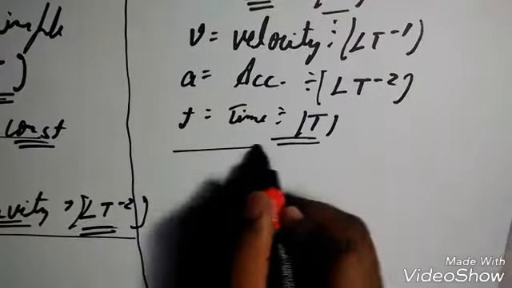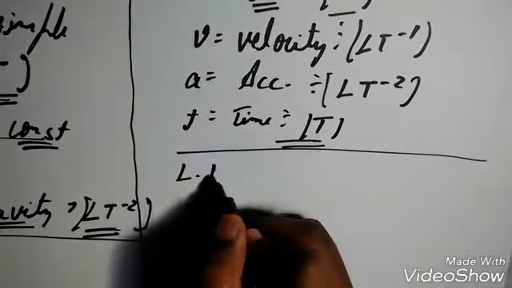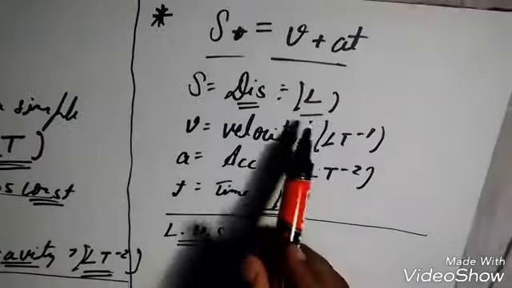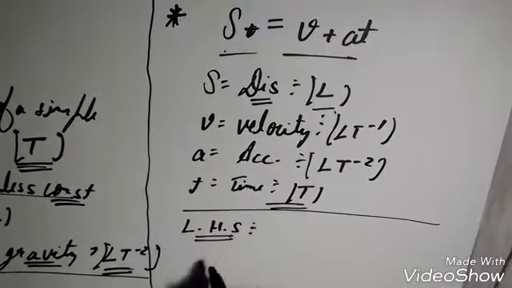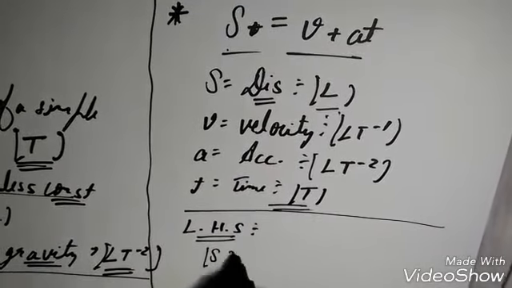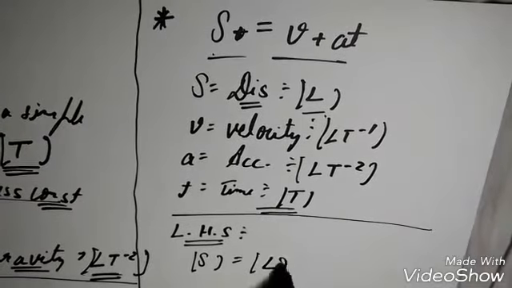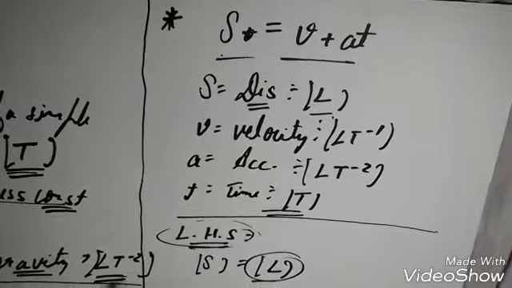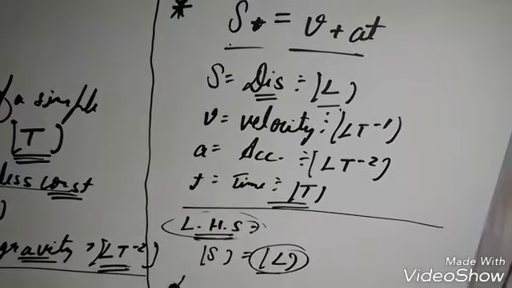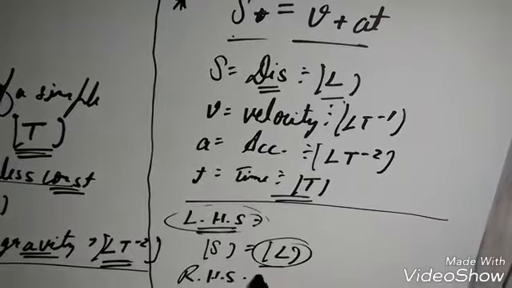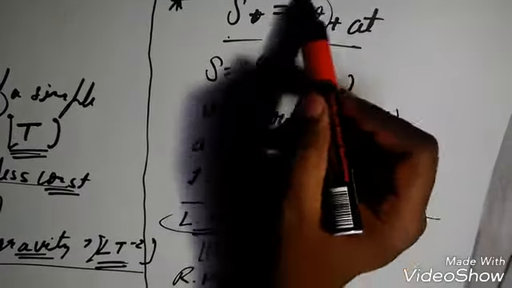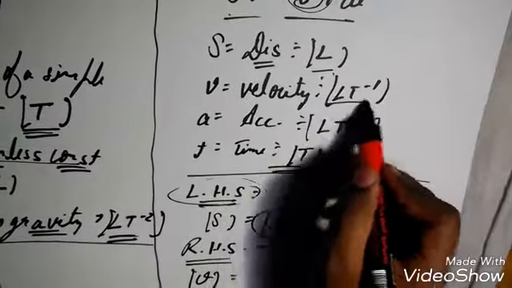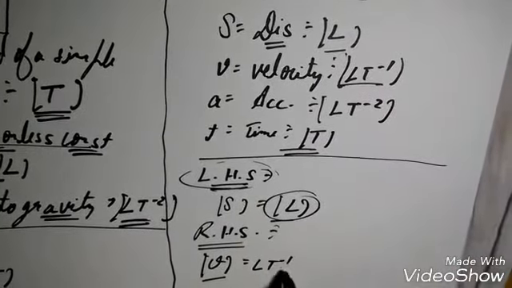Initially, we want to check the dimensions of the left hand side of the formula. In the left hand side, it has a single term S, which is distance, with a dimension formula of capital L. Therefore, the left hand side has a dimension of capital L. In the right hand side, the first term is V, which is velocity and has a dimension formula of LT^-1.